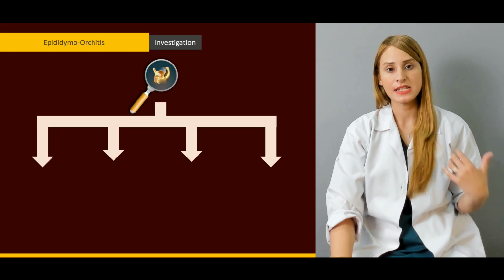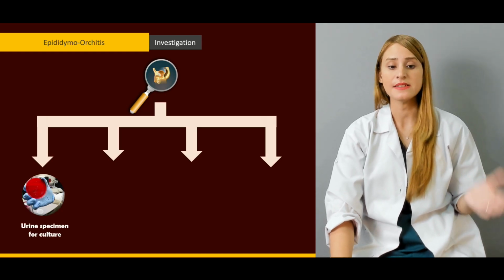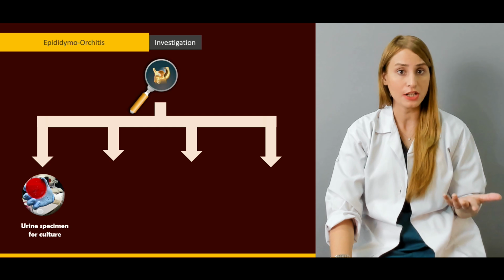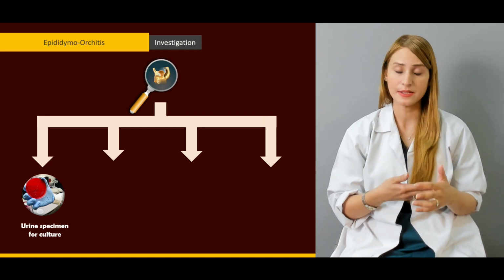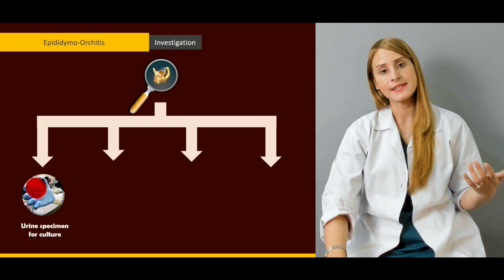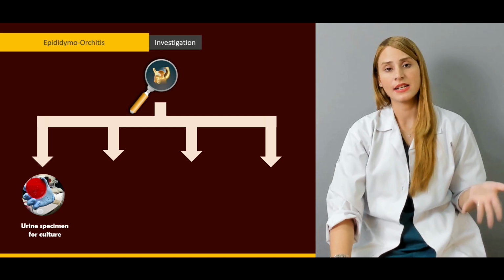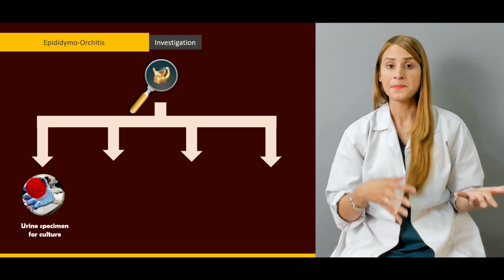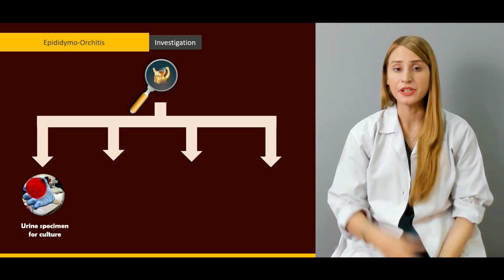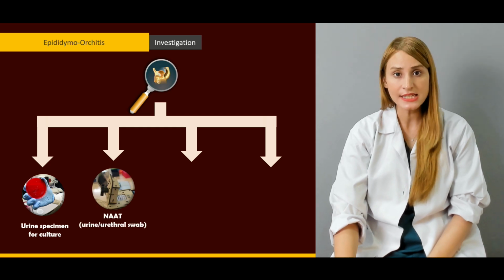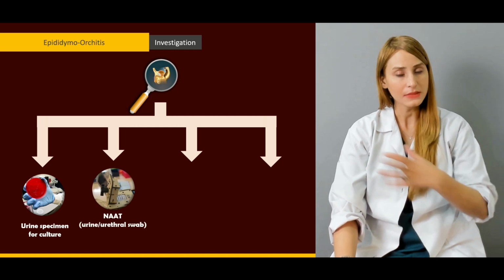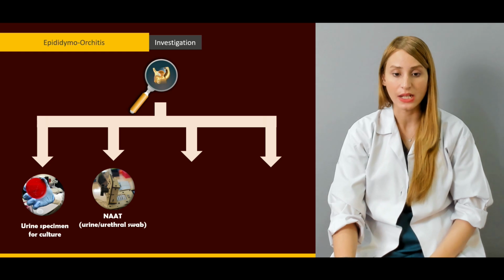In the investigation of epididymo-orchitis, you would go for the urine specimen for culture. Why is this important? Because you have to go for targeted antibiotic therapy. The focus, as I already discussed, can be a urinary tract infection, so you'll go for urine routine examination and send the specimen for culture as well.